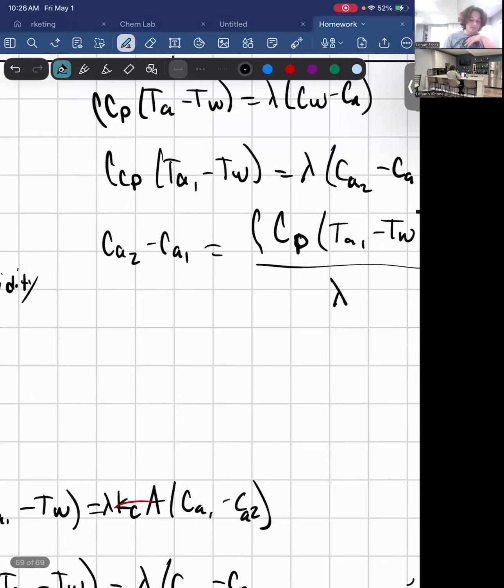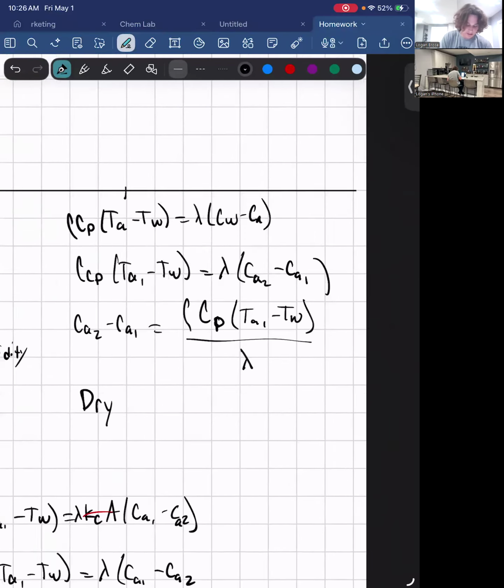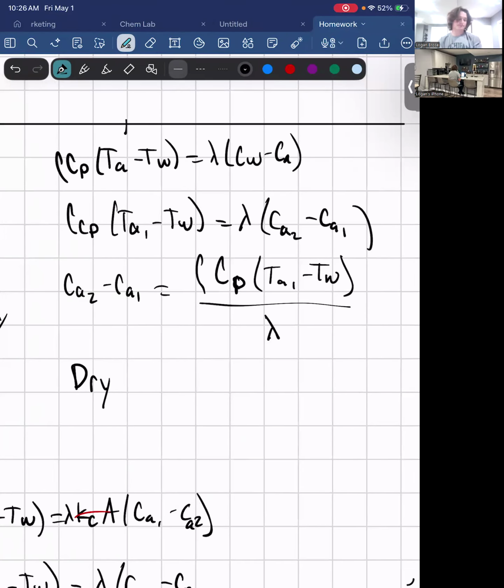And so for our dry bulb temperature, we know that in this scenario, we have no saturation at point 1, over here. So we're going to be solving for Ca1, so Ca1 equals Ca2 minus rho Cp (Ta1 minus Tw) over lambda.